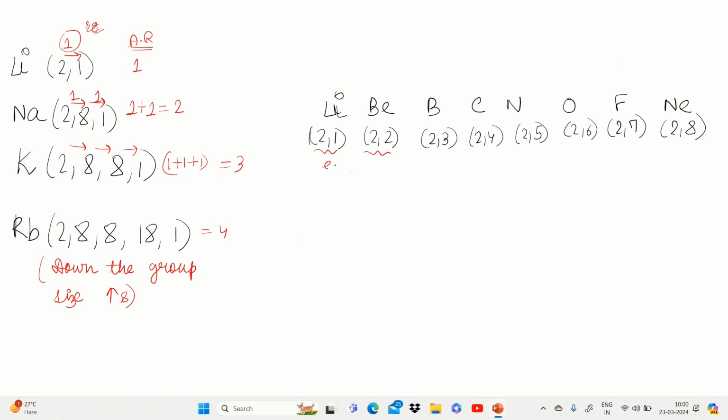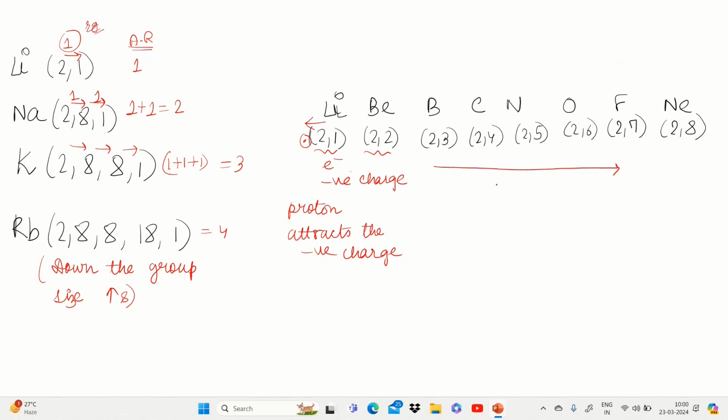And here what is happening? The number of electrons is going to increase. This is your negative charge, and we have protons which pull this negative charge. Basically, the proton attracts the negative charge.